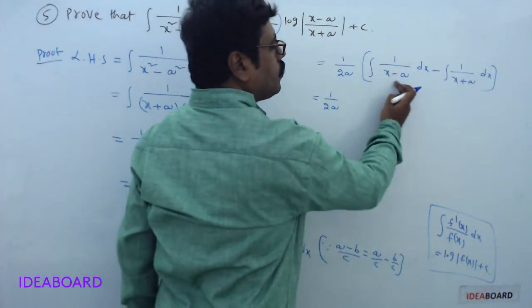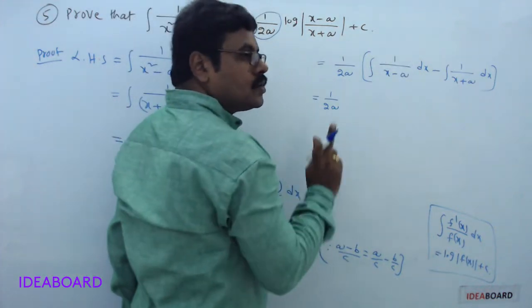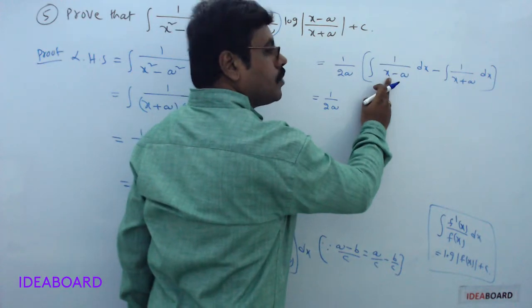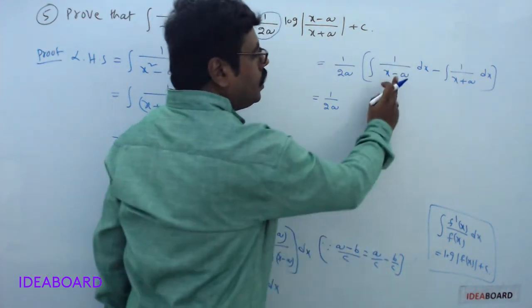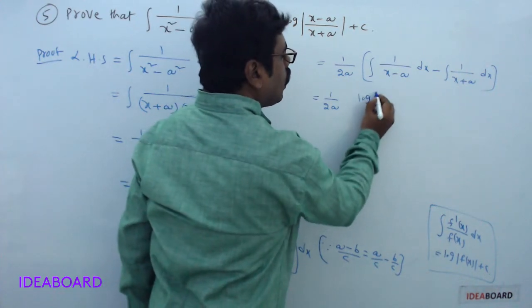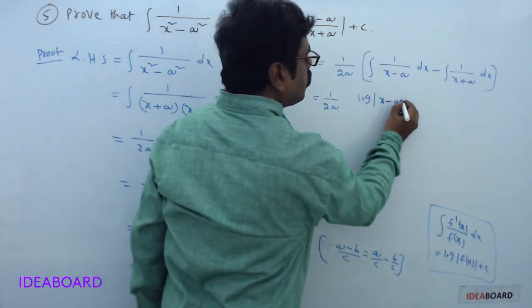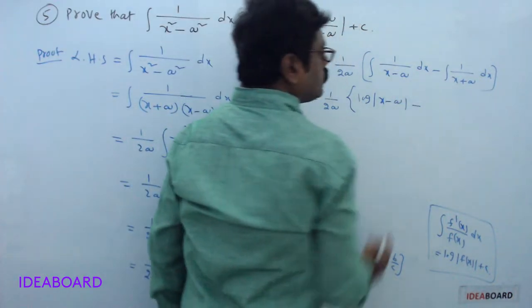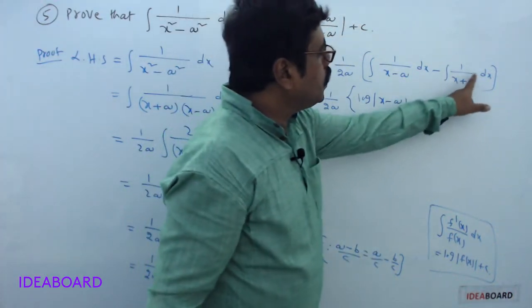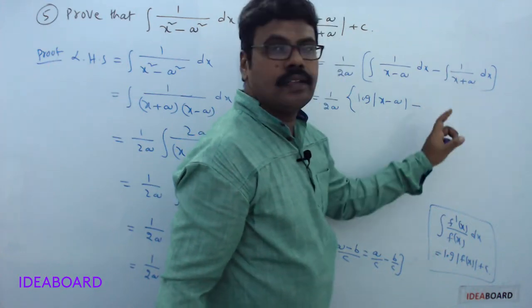Here, derivative of x minus a is 1. So derivative of denominator is in its numerator. So according to this formula, what is its value? Log mod denominator, that is log mod x minus a, minus, what is the derivative of x plus a?